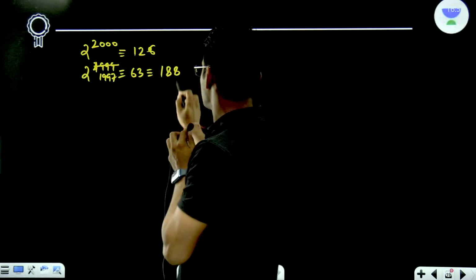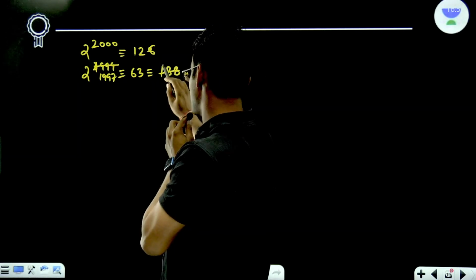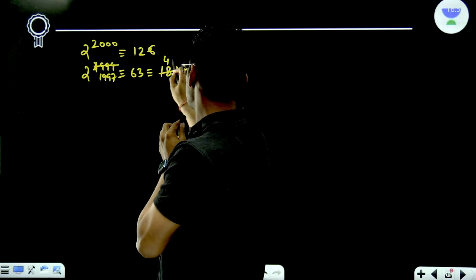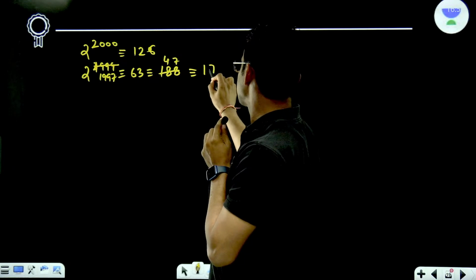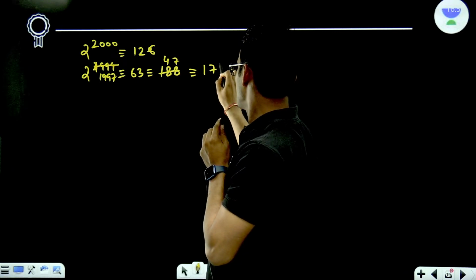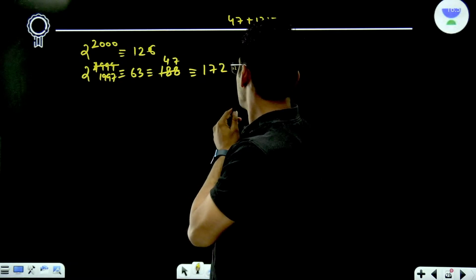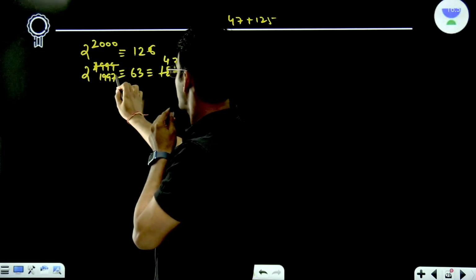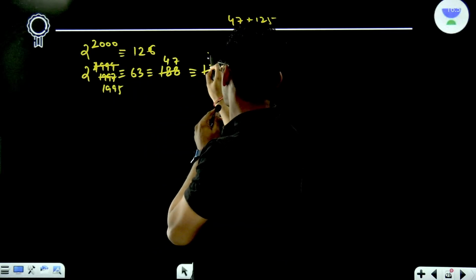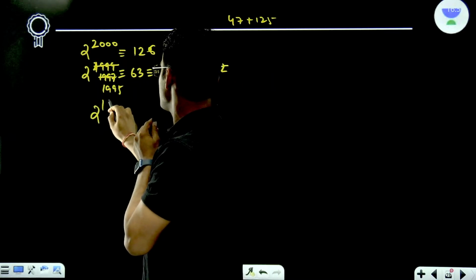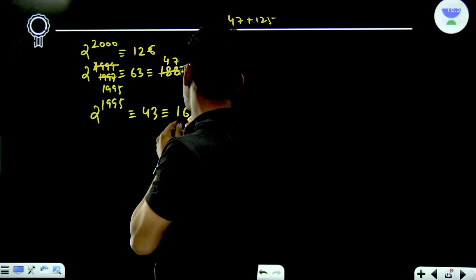Remove two powers. This becomes, divided by 47, 25, and this is also divisible by 4. 1995 becomes 40. So we have reached till here, congruent to 43, which again gives 160.